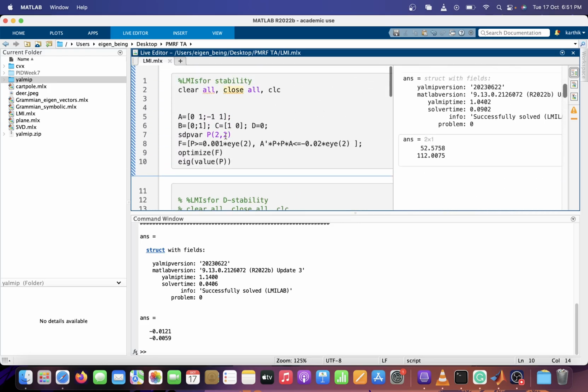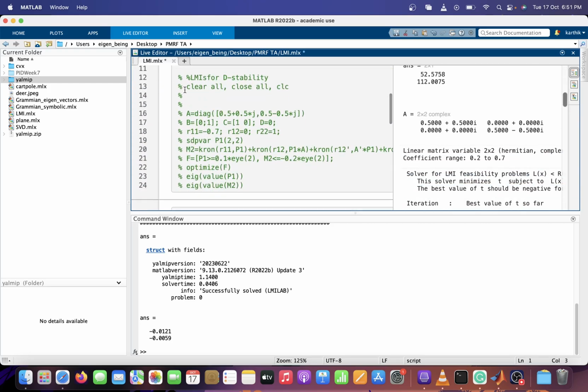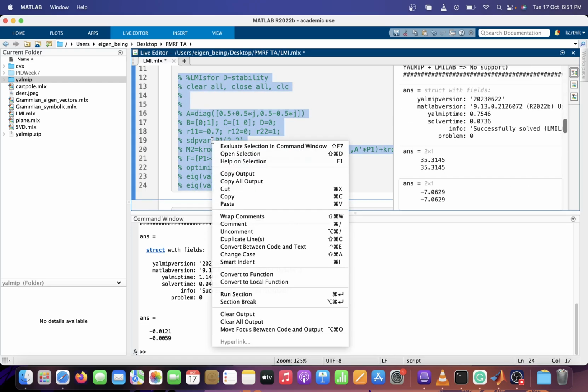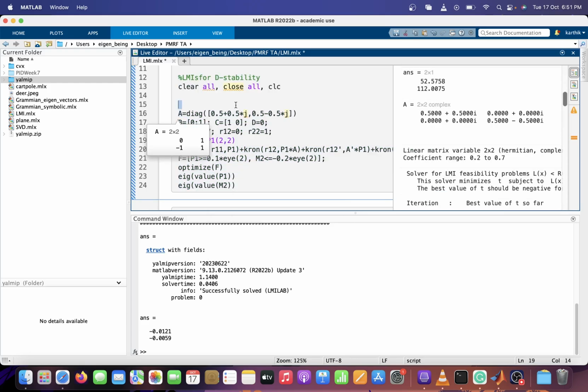Now let's take the case of D stability, or DR stability. Here I define A as this. For me, A is 0.5 plus 0.5j and 0.5 minus 0.5j, and forget B and R. So R11 I am giving as minus 0.7 and R22 as 1.